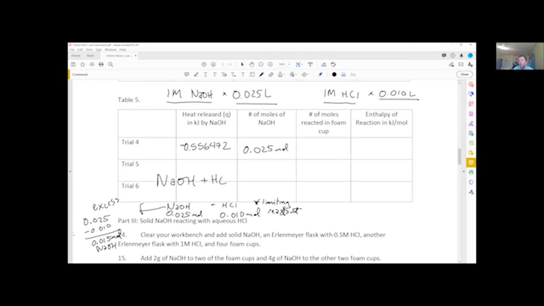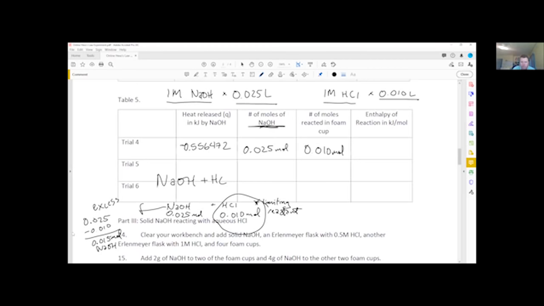That means there are both sodium ions and hydroxide ions freely floating around. The limiting reactant tells us how much of our sodium hydroxide is used. So even though we provided 0.025 moles of sodium hydroxide, only 0.010 moles are going to react in our foam cup.